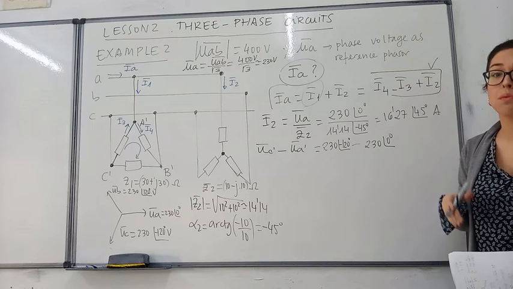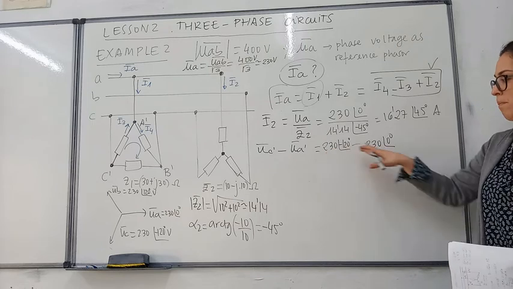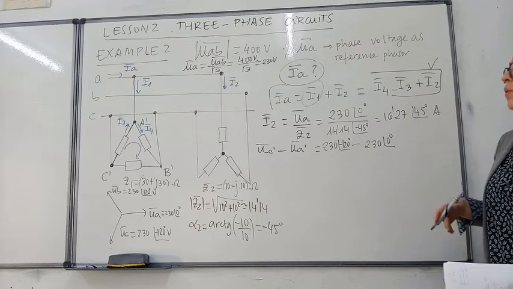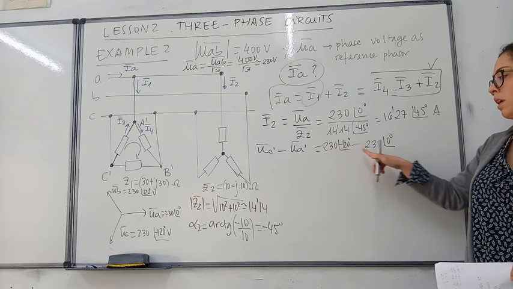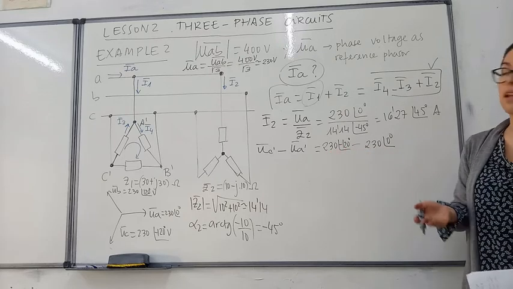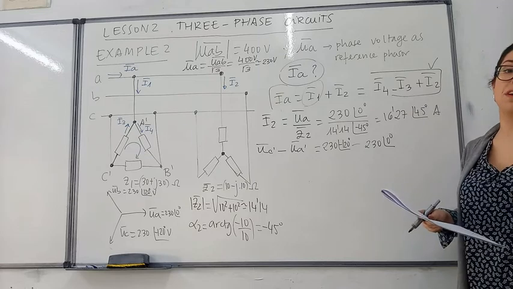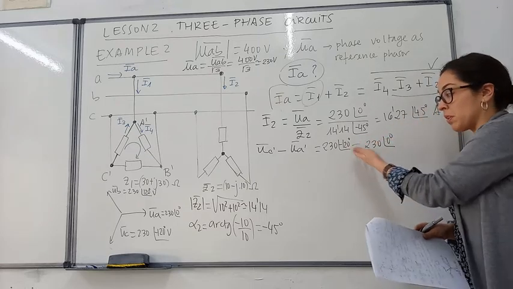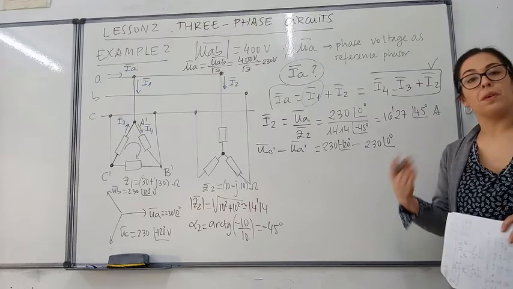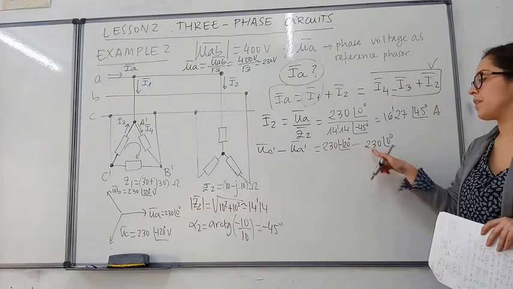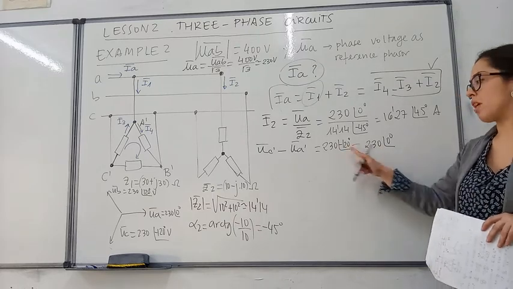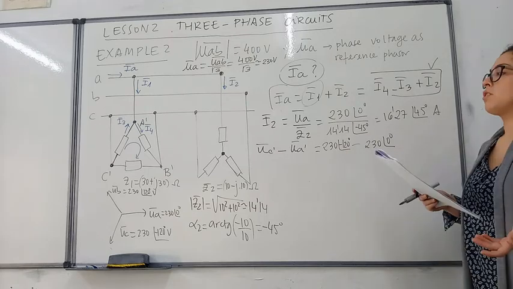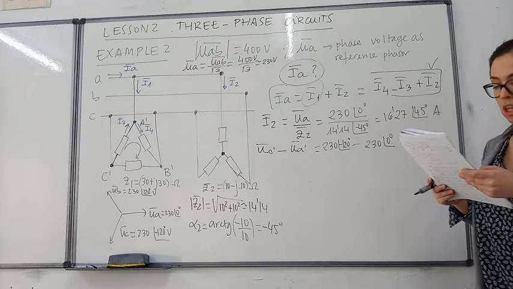I am not going to write the change from polar to binomial notation, okay? But as you know, you have two options. Either you can introduce this in your calculator, and if it is able to work with polar numbers, it will give you the result, okay? Or, on the other hand, you can transform these phasors to binomial notation, then do the difference, and then change again to polar notation.